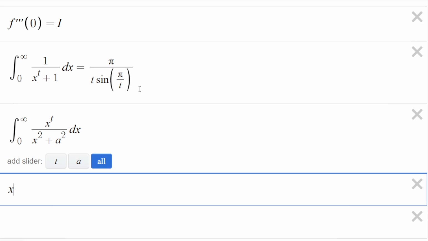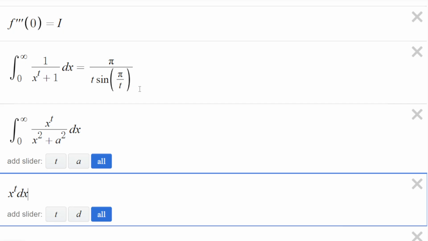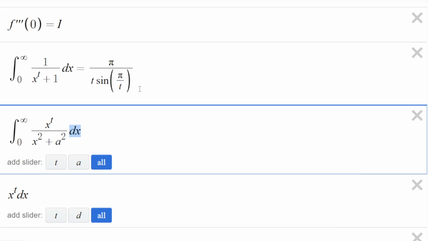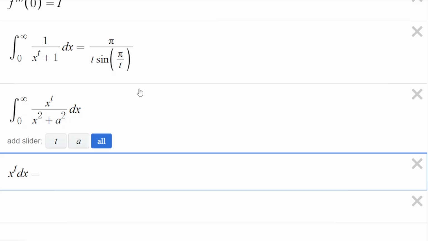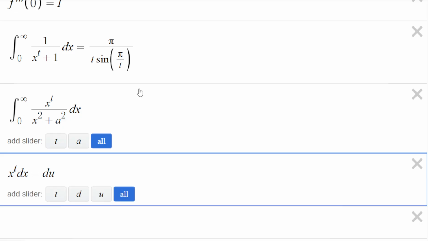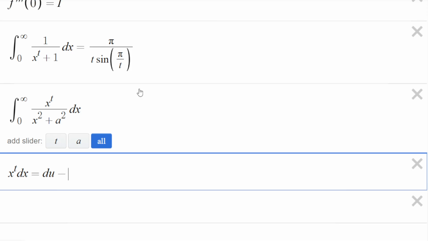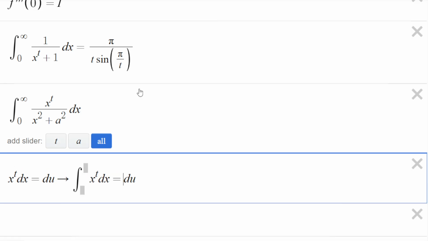We're going to say that x to the t dx, that's this part right here, is going to work out to be du. And from there, all we have to do is integrate both sides.